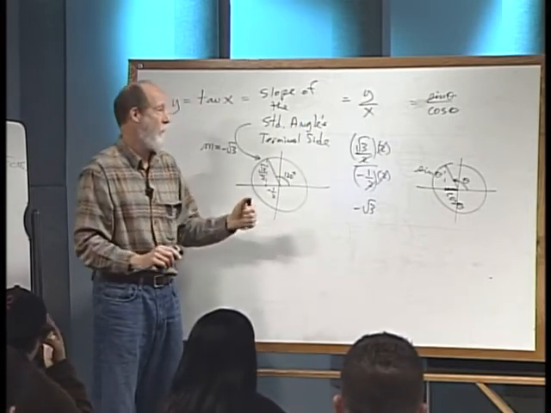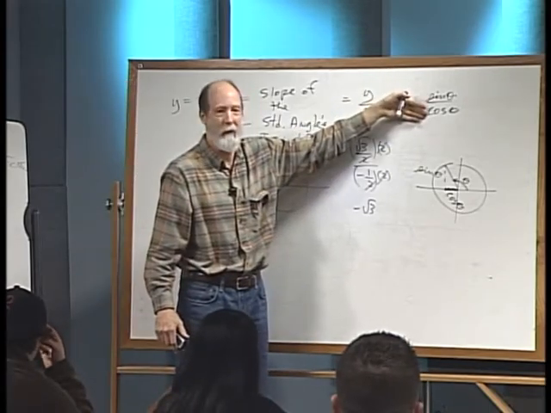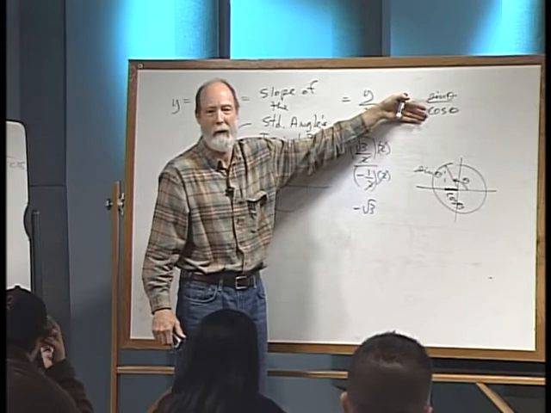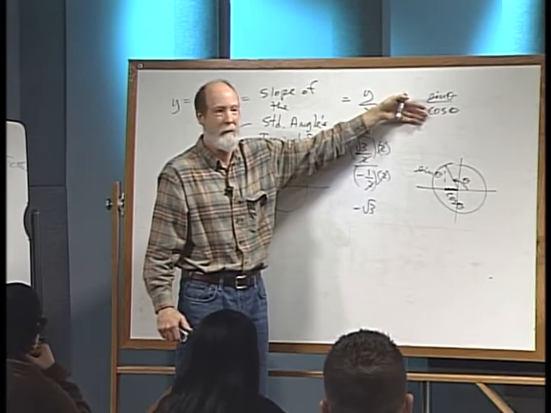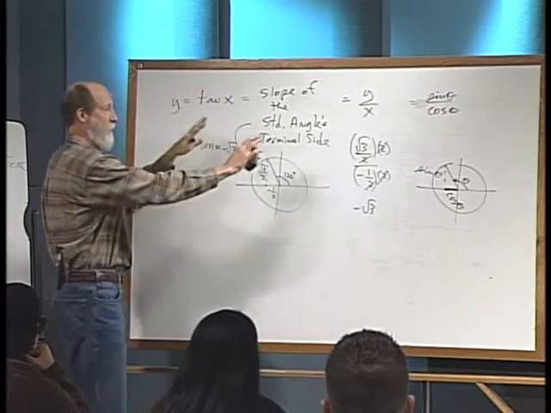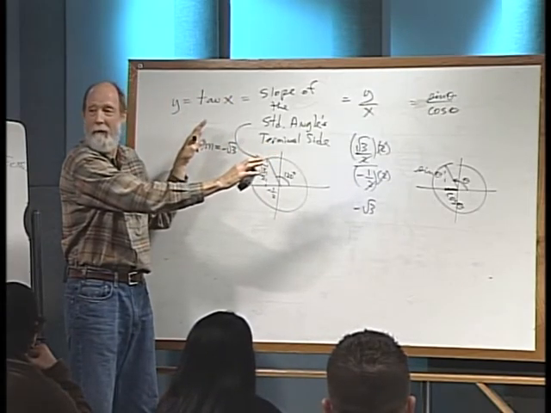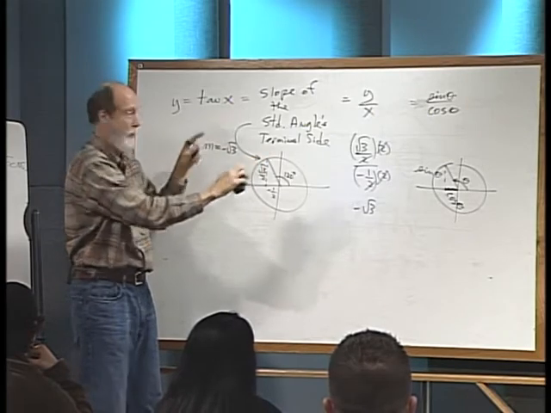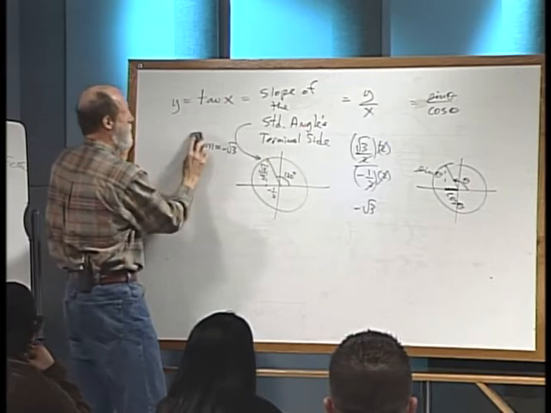The one way I want to start with is thinking of it as the sine values divided by the cosine values. I will show you another way related to the unit circle in a minute. Any questions on this? Because you have to understand this to be able to do what I'm going to do next. Everybody all right? Okay.